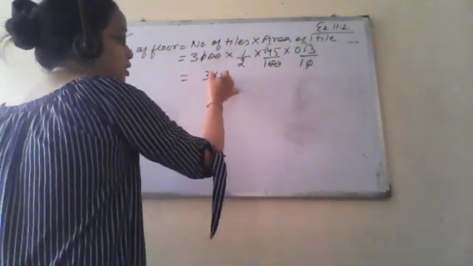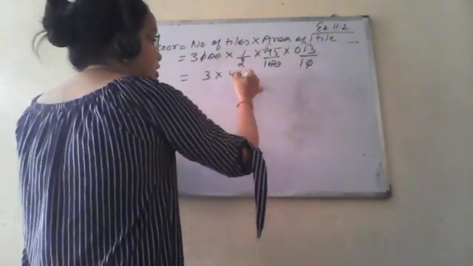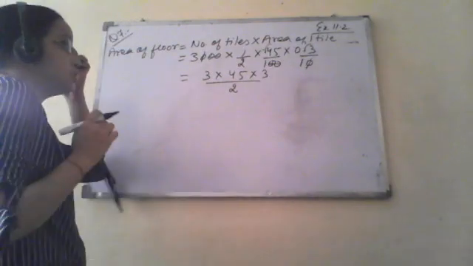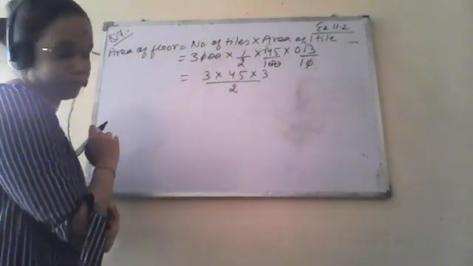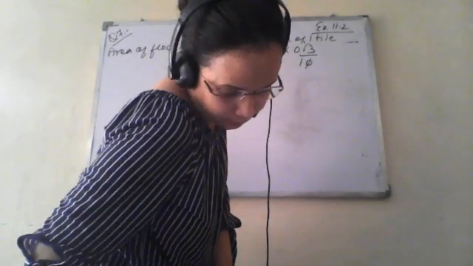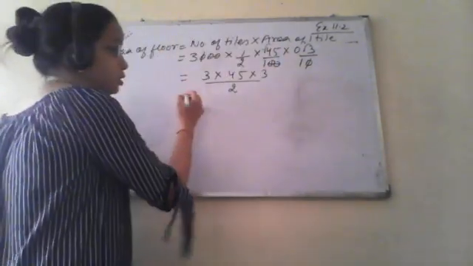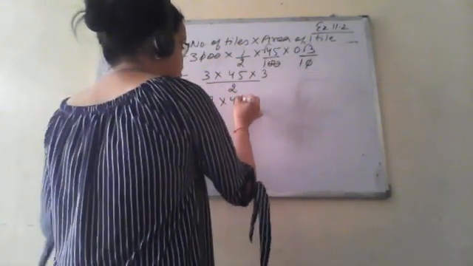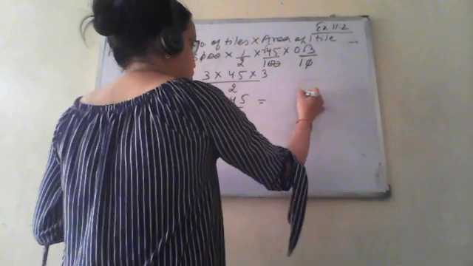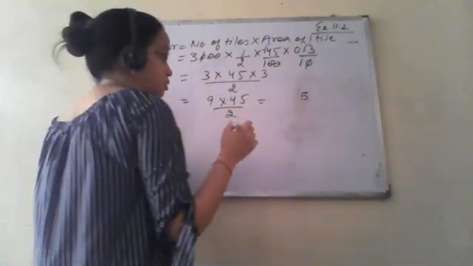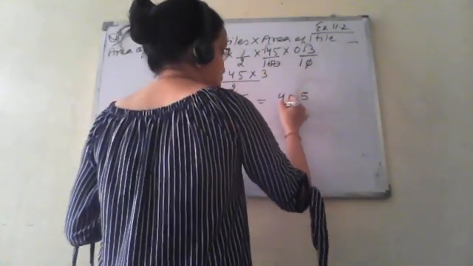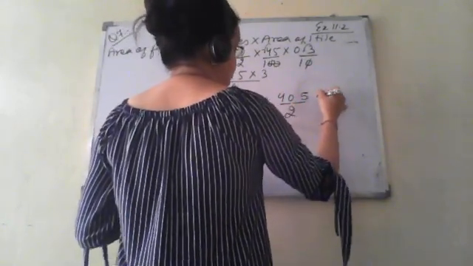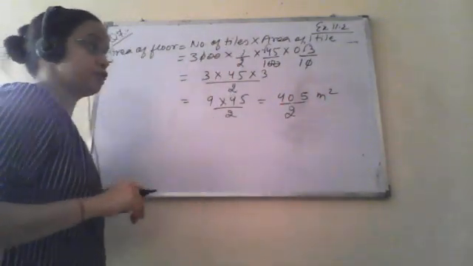So we have 3 into 45 into 3 upon 2. This is 9 into 45 upon 2. This will be the area in meter square, 405 upon 2.